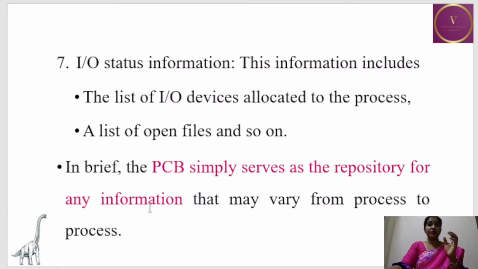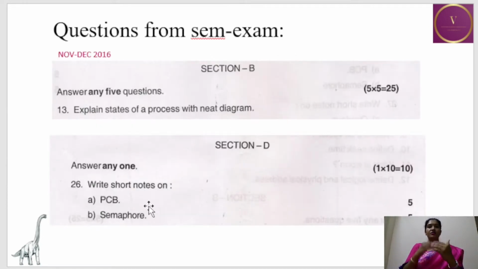Okay. Next, we'll be seeing the questions asked in the semester exams. These are the clippings from different semester exams and how they have asked this topic, PCB and process state.